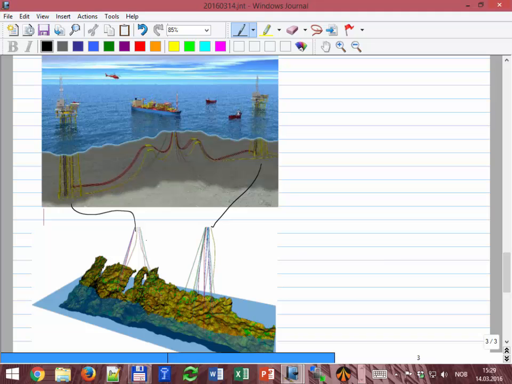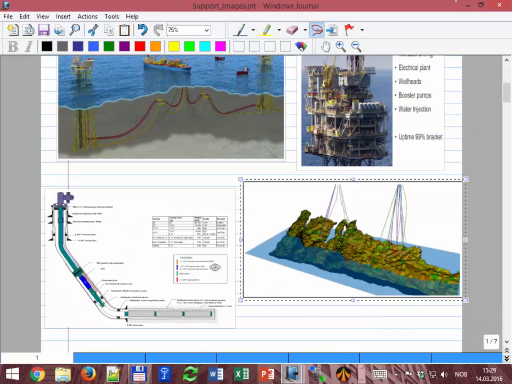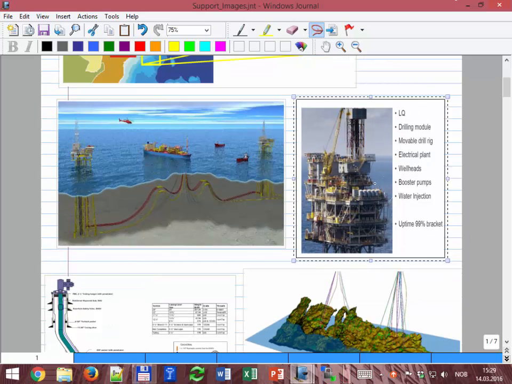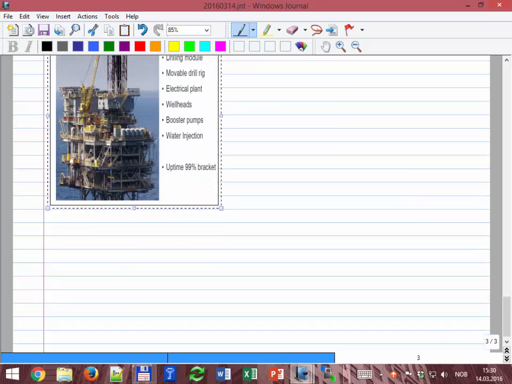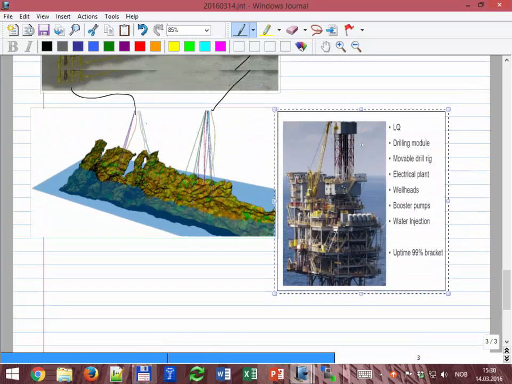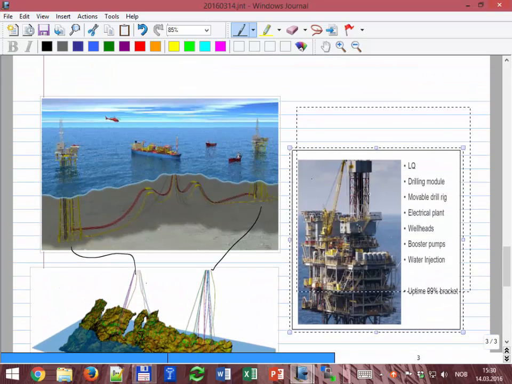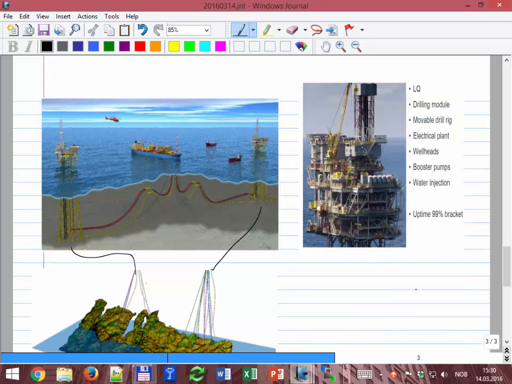I think I have a picture here of the platform. And the wellheads, the Christmas trees, they are dry. And you have a drilling module. The rig is going to position itself depending on which well.